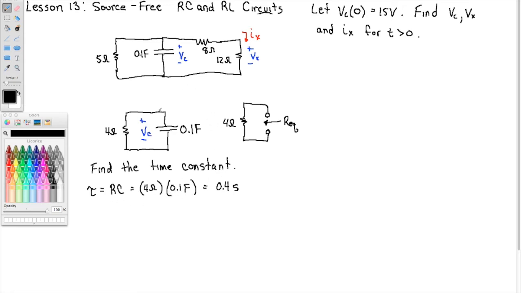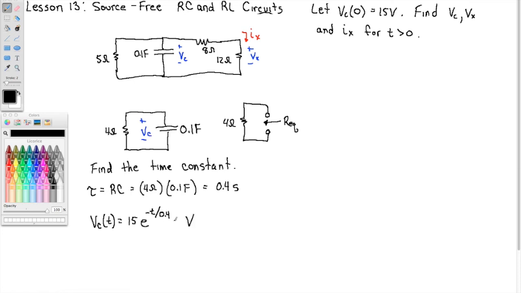Now we need the function itself. So we just saw in the previous example that our function of time was the initial voltage, 15, times e to the minus t over RC, the time constant, and the time constant is 0.4.